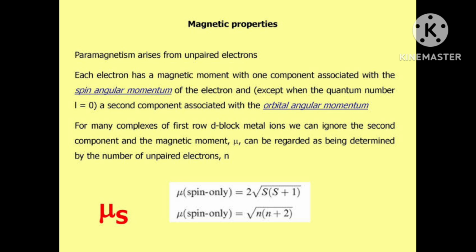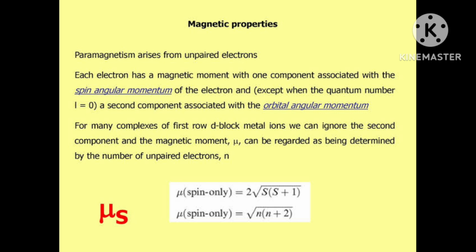The magnetic data agree with maximum spin pairing in many cases, especially with coordination compounds containing d6 ions. However, with species containing d4 and d5 ions, there are complications.